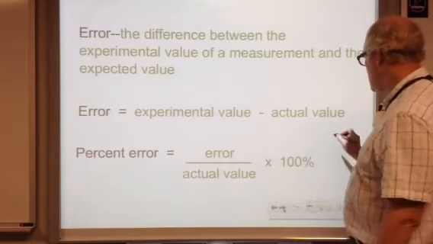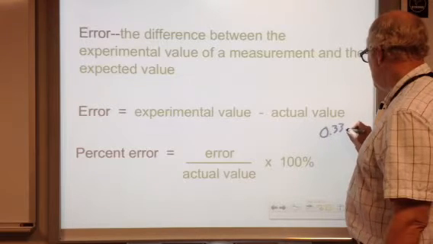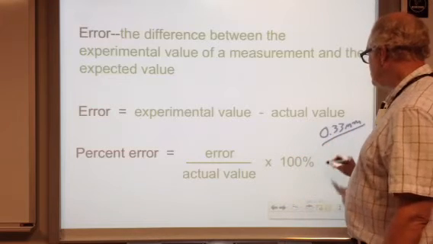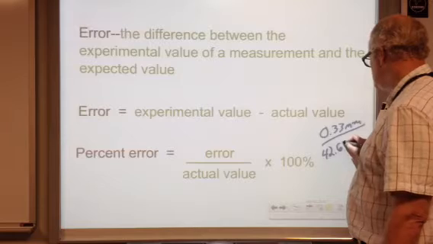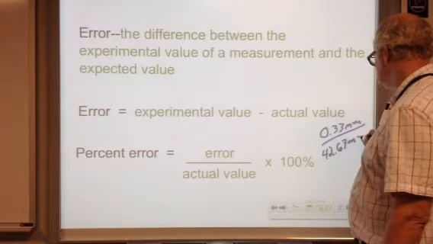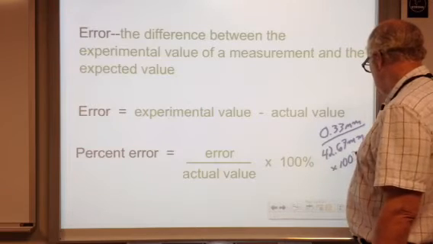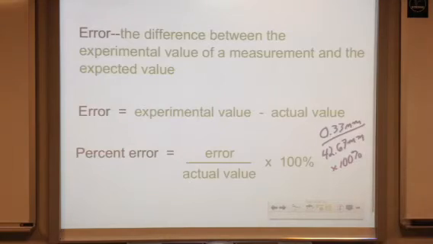So with our golf ball, we had an error of 0.33 millimeters. We can divide that by the actual value, what we expected to get, 42.67 millimeters, and multiply that by 100%. And when we do that, we're going to find out that we've got quite a small error.